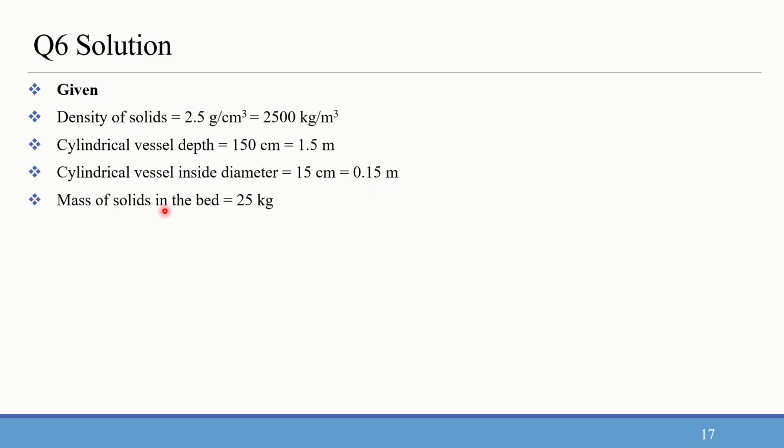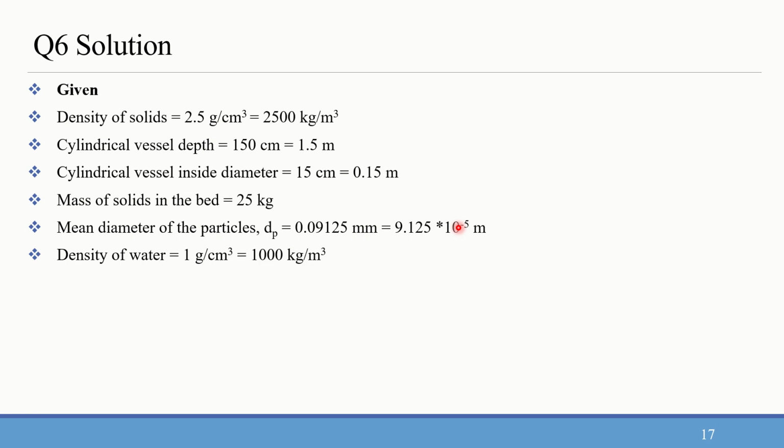Mass of solids inside the bed is 25 kg. Mean diameter of particles is 0.09125 mm, or it is 9.125 into 10 power minus 5 meter. Density of water is 1 gram per centimeter cube or 1000 kg per meter cube, and viscosity of water is 0.001 pascal second. What we need to find? We need to find the voidage of the packed bed.